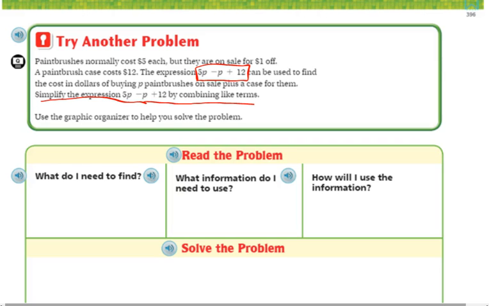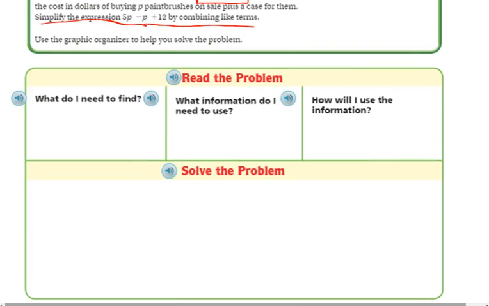All right, we're going to go ahead and organize our work here. And what do I need to find? Well, I need to find the simplified version of 5p minus p plus 12. So I need to simplify 5p minus p plus 12. Get that written in there.